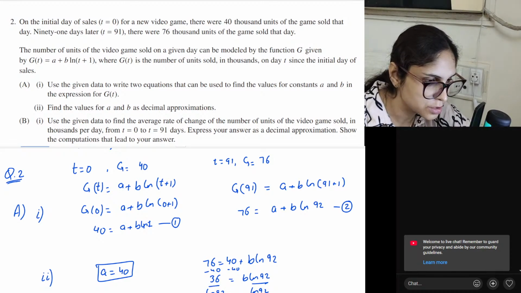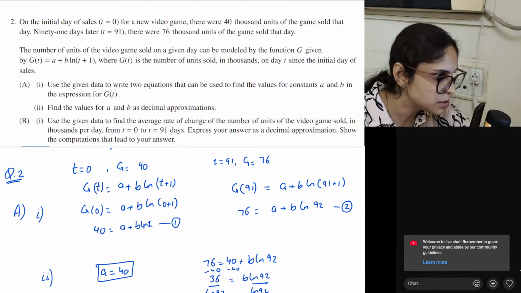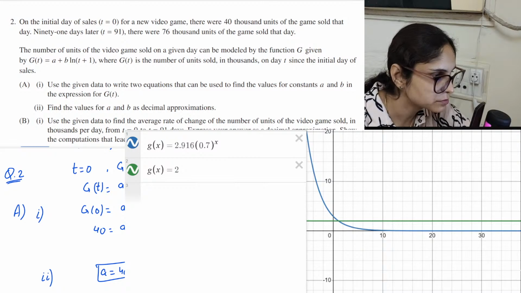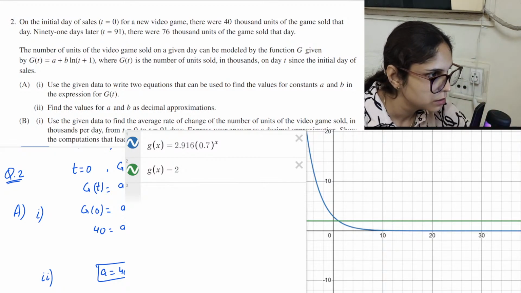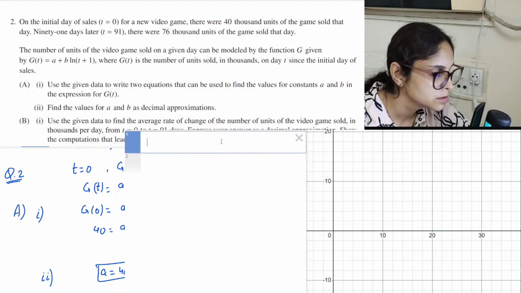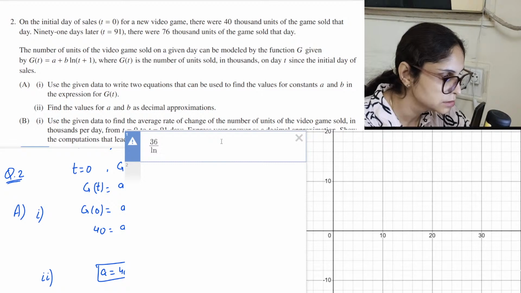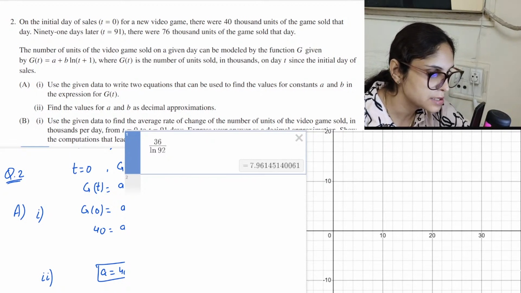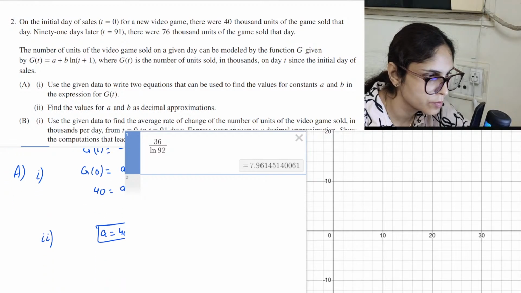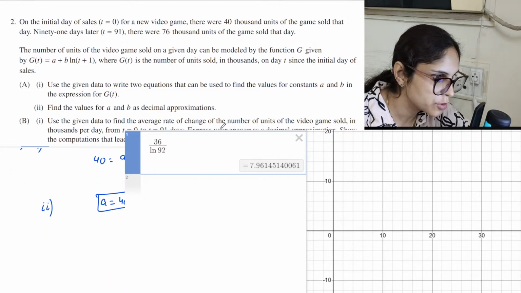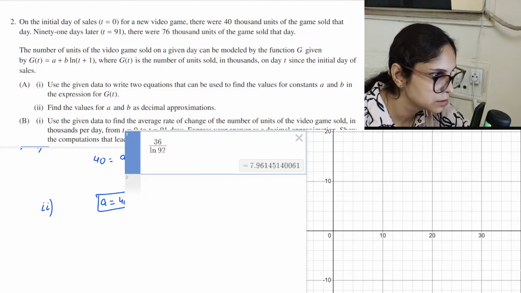So B is equal to 36 over ln 92. And we can use calculator to find this. So I'm going to use Desmos. 36 divided by ln 92 is 7.961. So B is approximately 7.961.